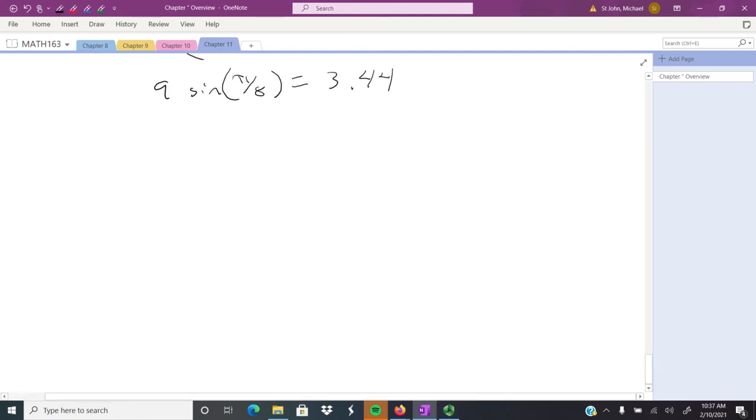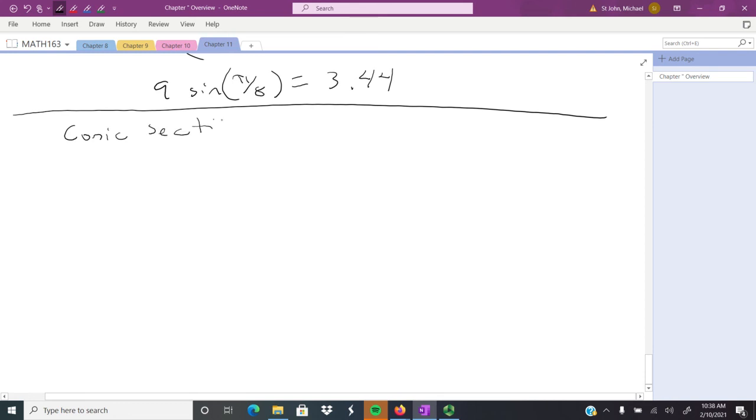And then the last section deals with the conic sections. So my last section deals with our conics, in terms of parabolas, hyperbolas, and ellipses. So first off, parabola.